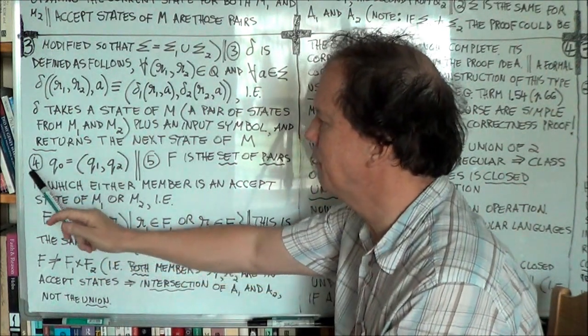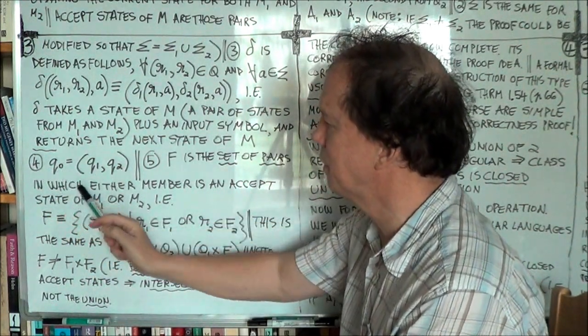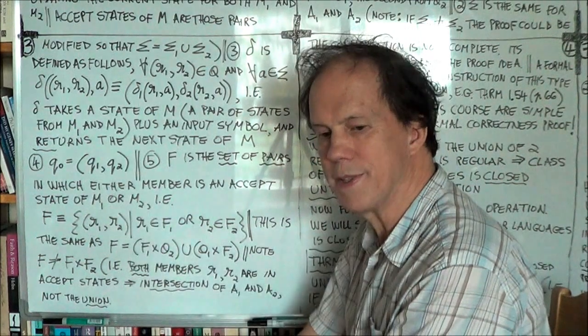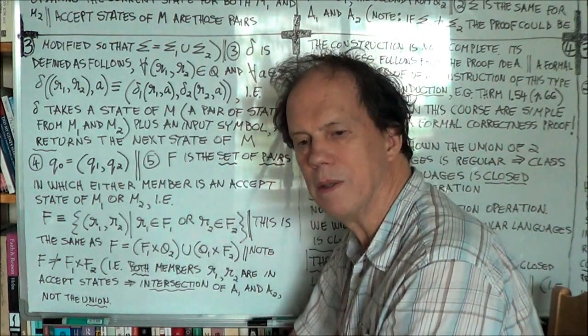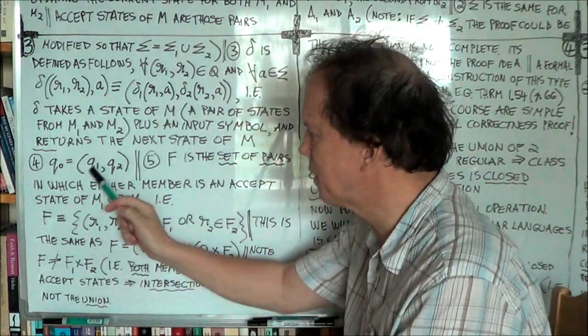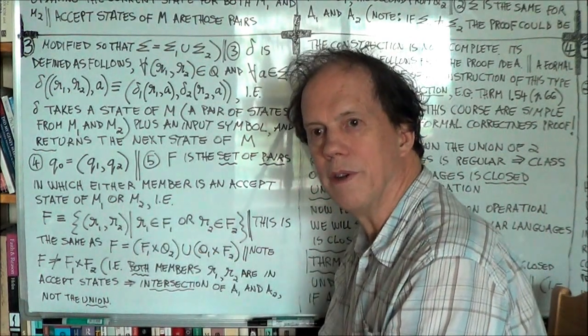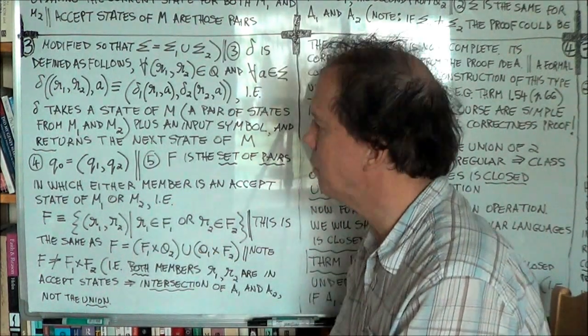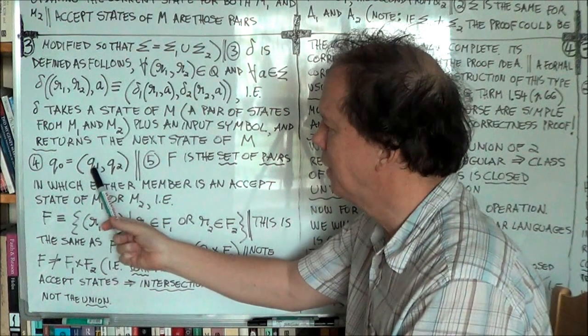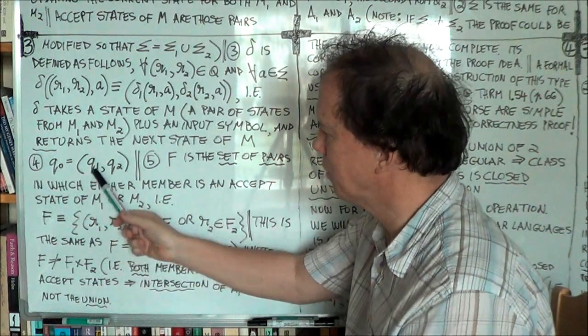Right, the starting state Q0. Remember, the states of machine M are ordered pairs of the states of machine M1 and M2. Well, what's the starting state of machine M1? It's Q1.